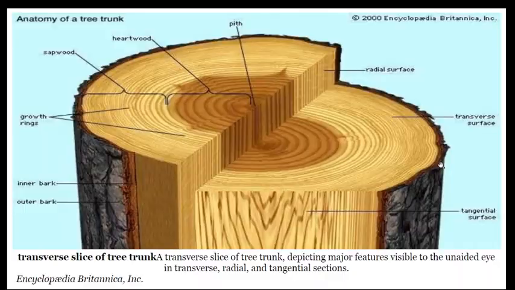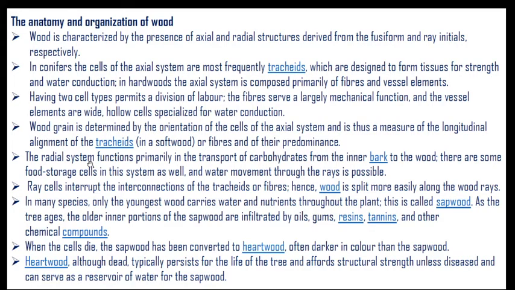In this diagram, here is the inner bark and outer bark, and here is the growth ring. So the carbohydrates get transferred from the inner bark to the wood, and there are some food storage cells in this system as well, and water movement through the ray is possible.